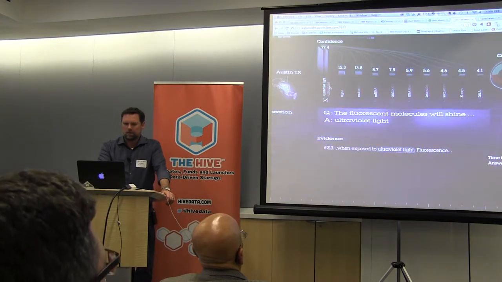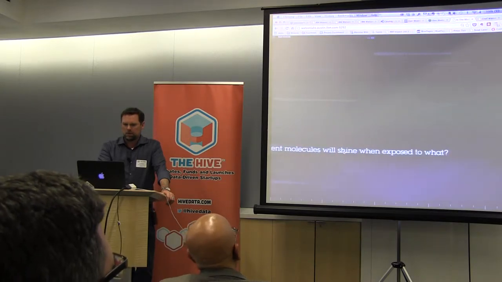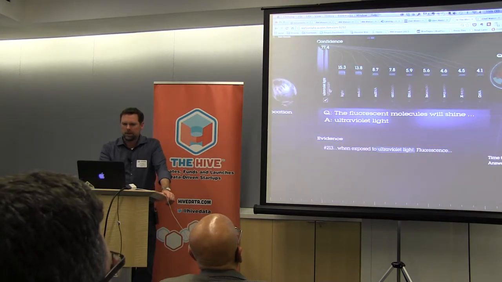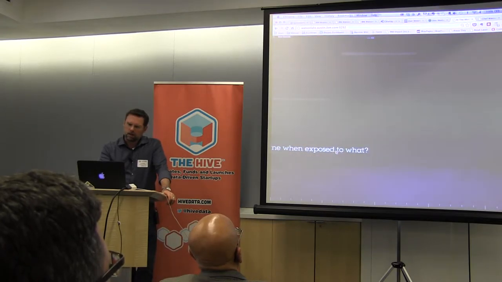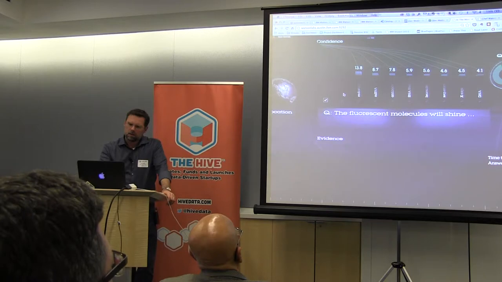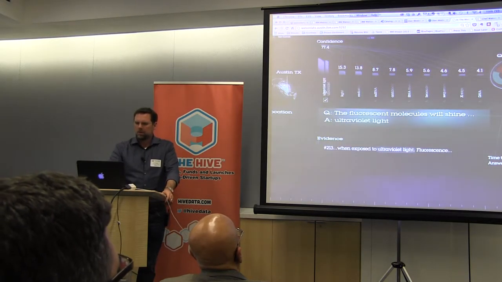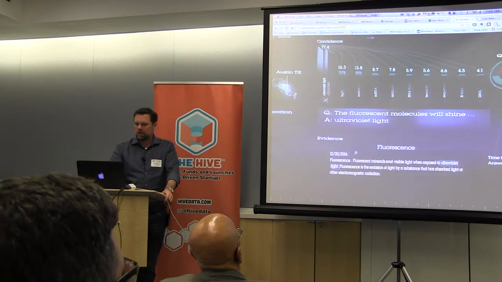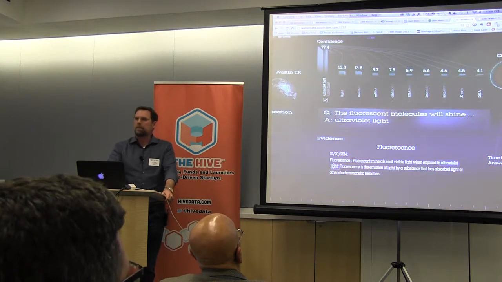So this is a different question, and again, 77.4 confidence. Oops. And last time I did this, it worked fine. Okay, so here's the evidence for this one. Here's the evidence for this, and fluorescent minerals emit visible light when exposed to ultraviolet light.